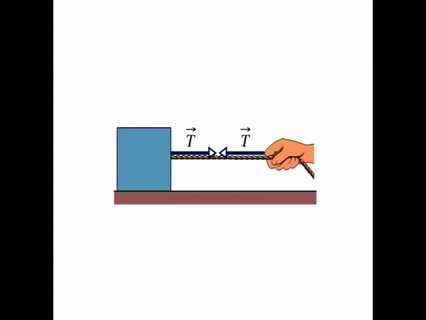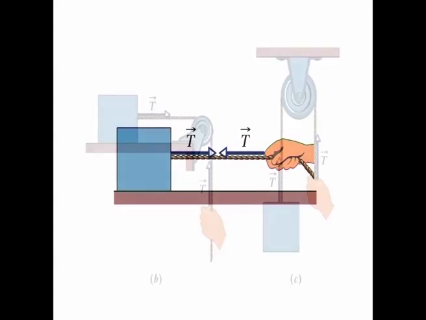The tension in the cord is the magnitude T of the force on the body. For example, if the force on the body from the cord has a magnitude T equal to 50 newtons, the tension in the cord is 50 newtons.